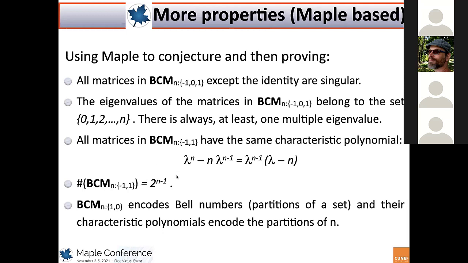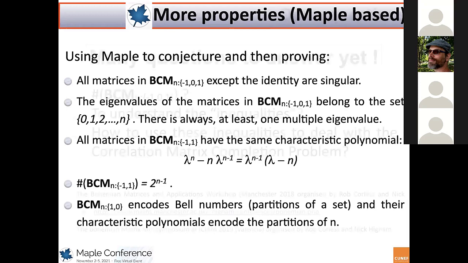Finally, closing this list of results produced with the help of Maple, we give a different interpretation of the Bohemian correlation matrices with population 0 and 1, providing a different proof from the one introduced by Robert Israel, by proving that the characteristic polynomials of these matrices encode the partitions of n. Of course, this is connected with the Bell numbers, which count the partitions of a set.